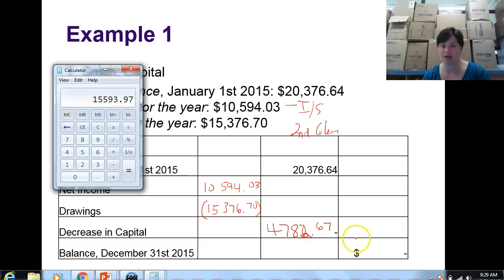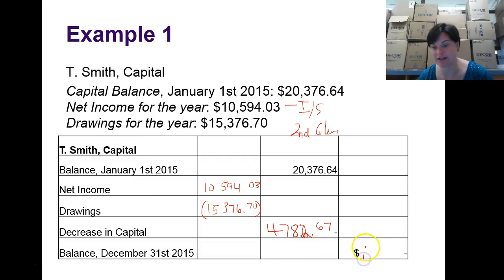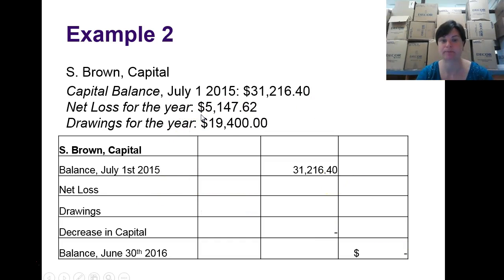And that gives us a new capital figure of $15,593.97. And so that is our closing balance at December the 31st, because we know that the net income is for one year. Okay, let's do the next one.